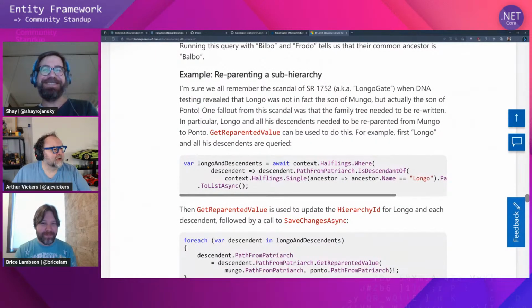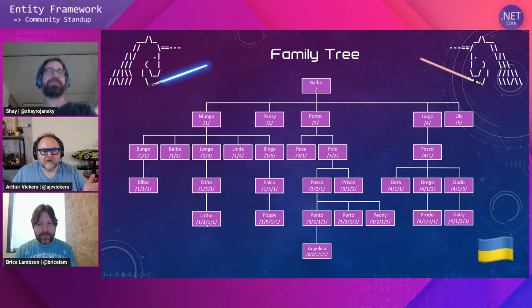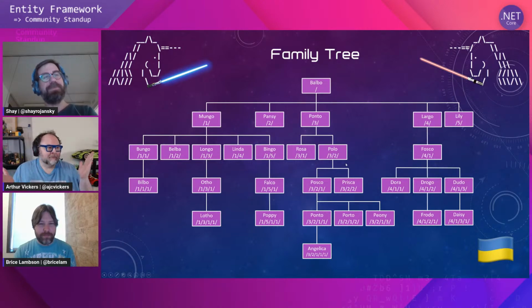Okay. So we want to move Longo, this tree, all of Longo's things, and put them under Ponto, right? This is a place where ideally we don't want the primary keys of Longo, Otho, and Lotho to change, because they're actually the same entities, but their place in this tree structure has changed. We use the word reparenting in databases or object models a lot, but this literally is reparenting Longo from Mungo onto Ponto.